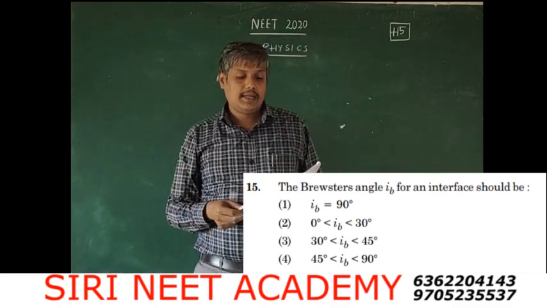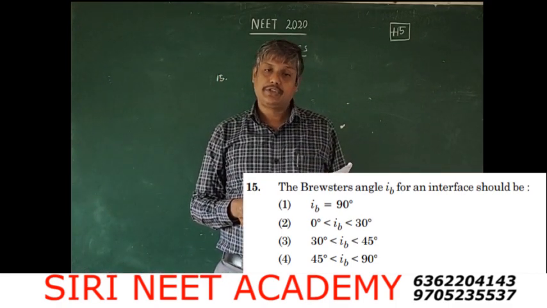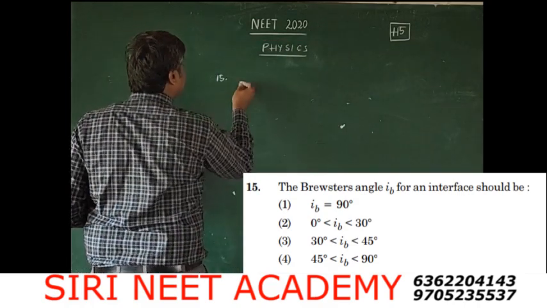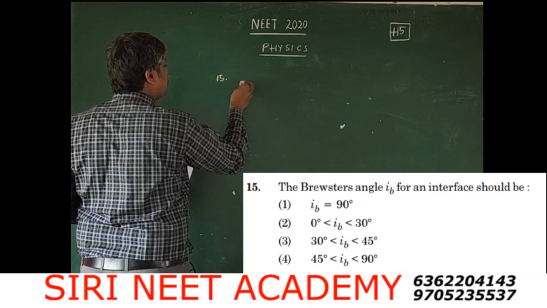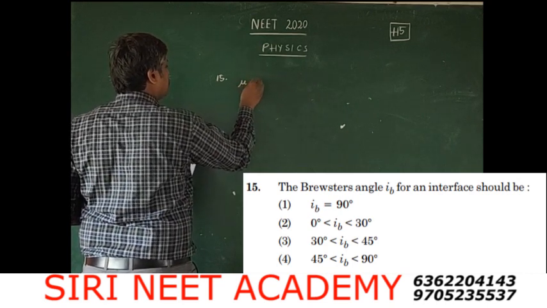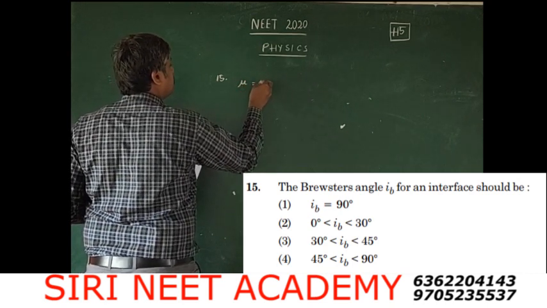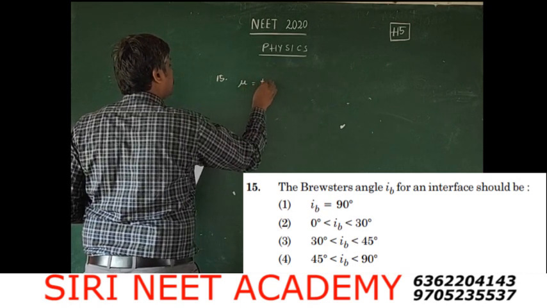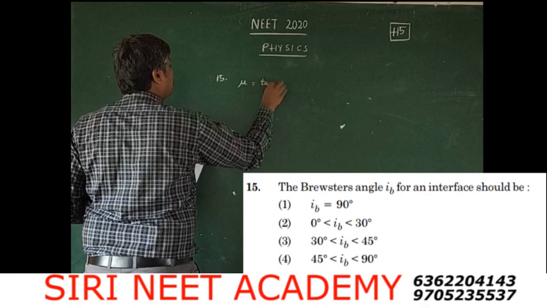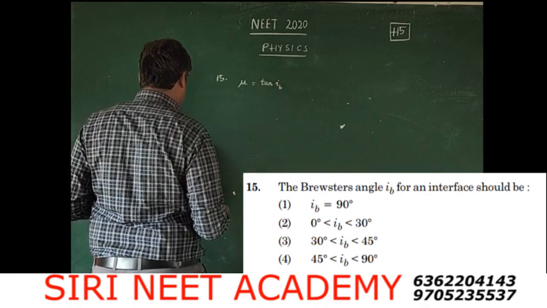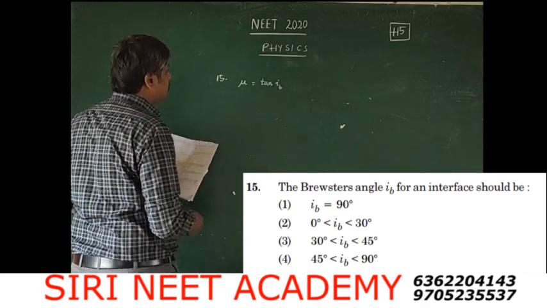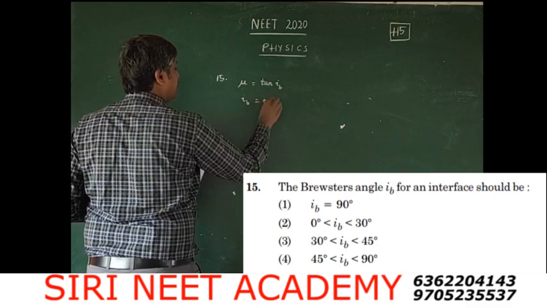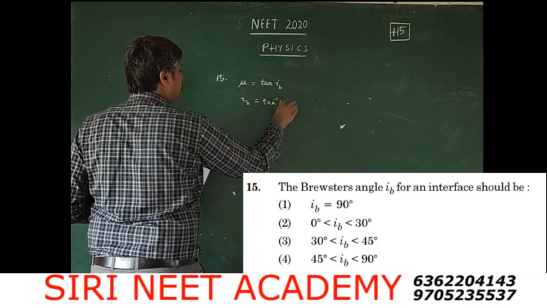Polarizing angle i_p for an interface should be, we know that mu is equal to tan of i_B. So i_B is equal to tan inverse mu.